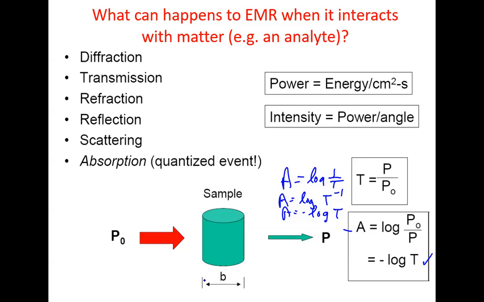When you acquire an infrared spectrum or a UV spectrum, you can also calculate transmission. In the first experiment that I gave you, where the y-axis was in percent T, it is giving you percent T, or if you want to convert it to absorbance, then you say A equals minus log T.